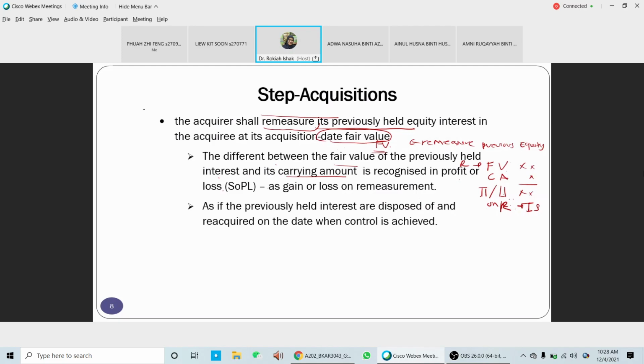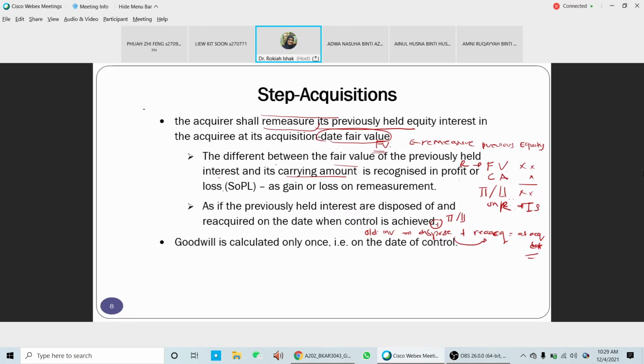It is treated as if the previously held interest were disposed of and reacquired on the date when control is achieved. We assume the old investment was disposed of, which is why we need to recognize any gain or loss, and then we reacquire the old investment together with the new investment at the acquisition date.